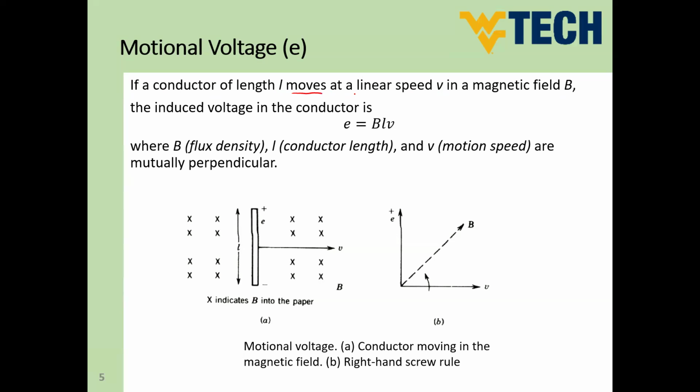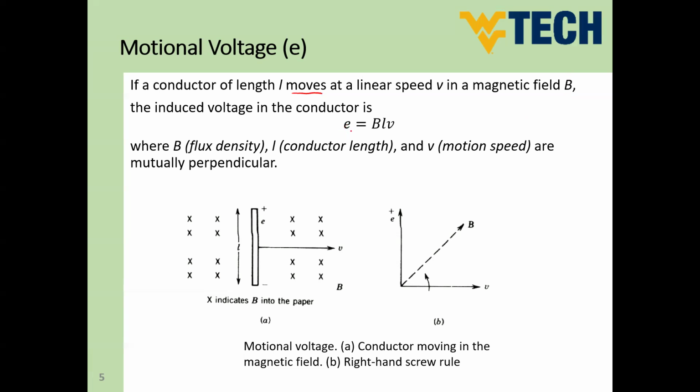And here it moves at a linear speed V, so this is not rotational motion, this is linear or translational motion, in a magnetic field B. So we have to have the magnetic field also, with a certain magnetic field density B. What will happen? There will be an induced voltage generated across this conductor.